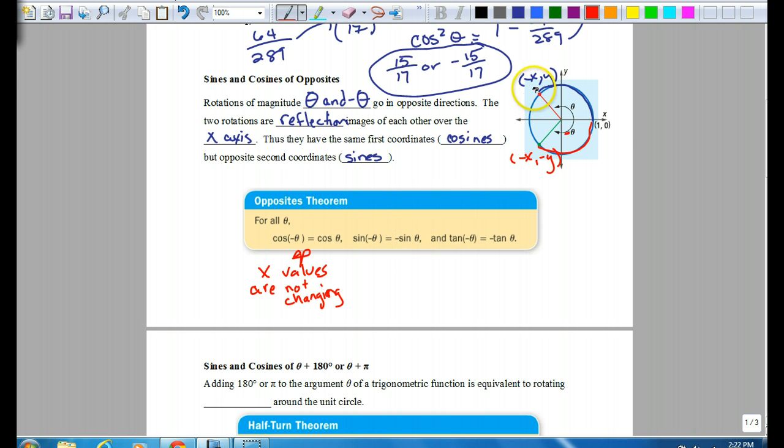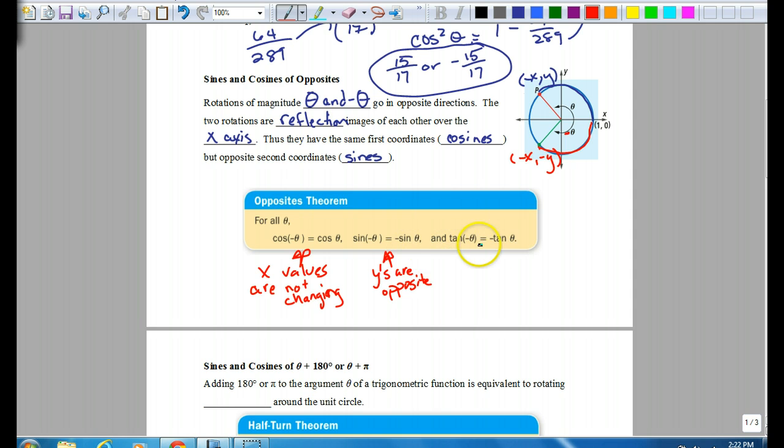Well, that's because if you look at it, if this is the first one and then the second one, it's being reflected over the x-axis. So your y's are the opposite. All right?